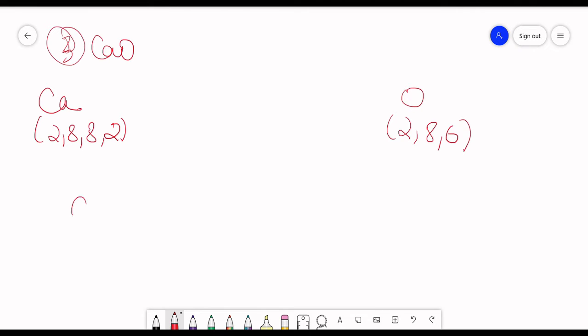So if I draw the shells for calcium, wait, let me draw again.